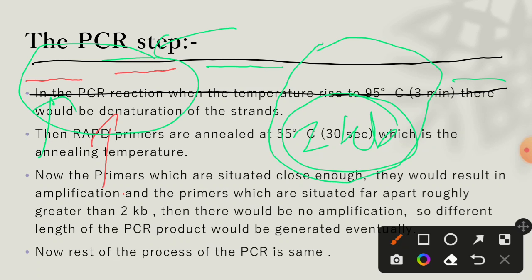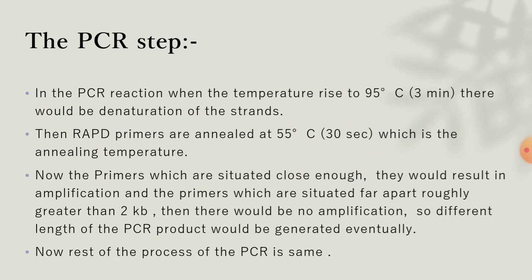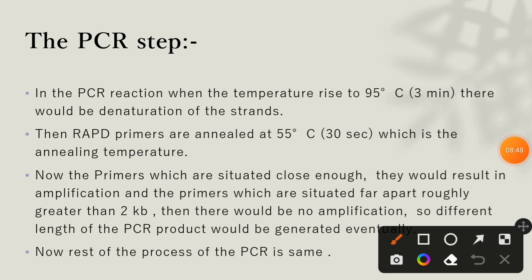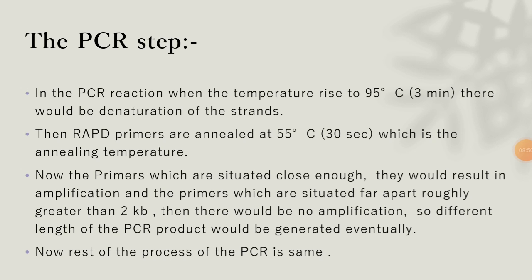So as a result, as you can see, various kinds of primers are attached at various places. That means it will encourage the formation of random length DNA, right? That means the PCR product that we will have will consist of random length DNA.